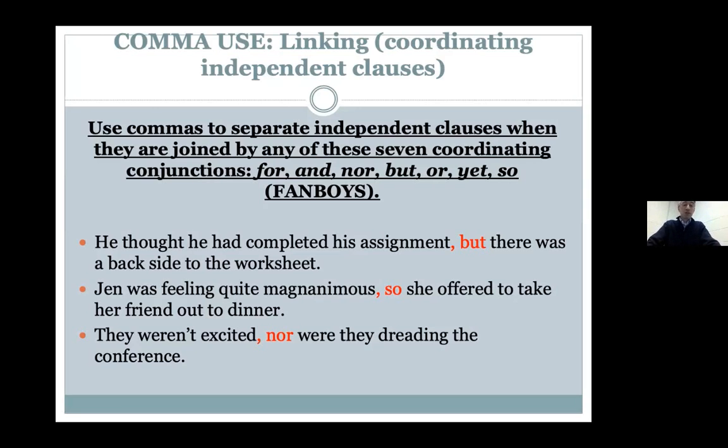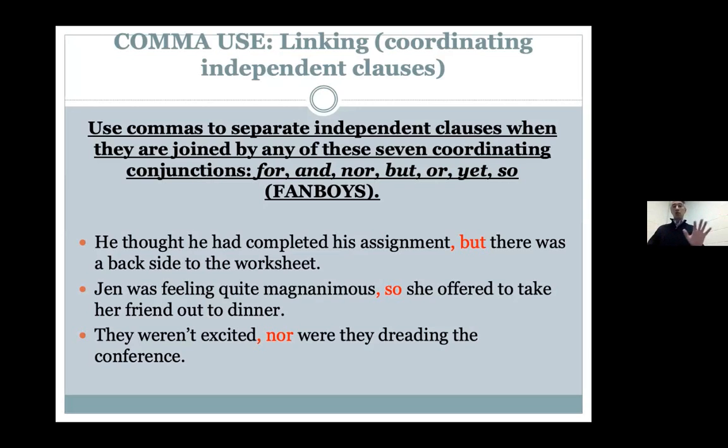Okay. And you can see here, so he thought he had completed the assignment, comma, and then we use that coordinating conjunction. But there was a backside to the worksheet. Jen was feeling quite magnanimous, so she offered to take her friend out to dinner, and so forth. Okay, so you can see here again, as I was saying at the beginning, how you're seeing a relationship between the ideas.